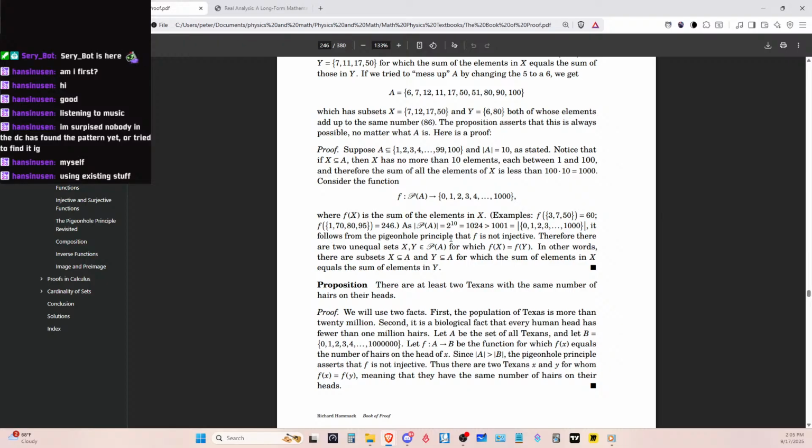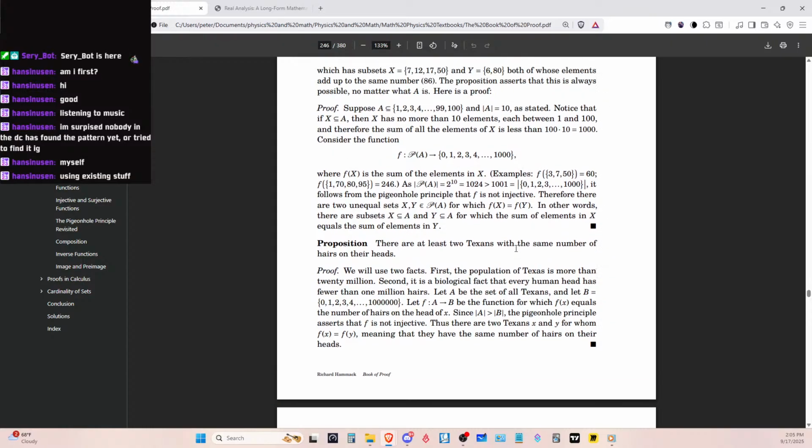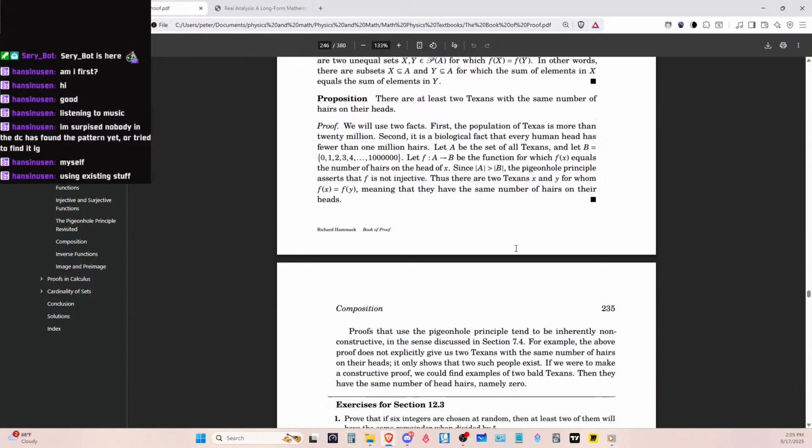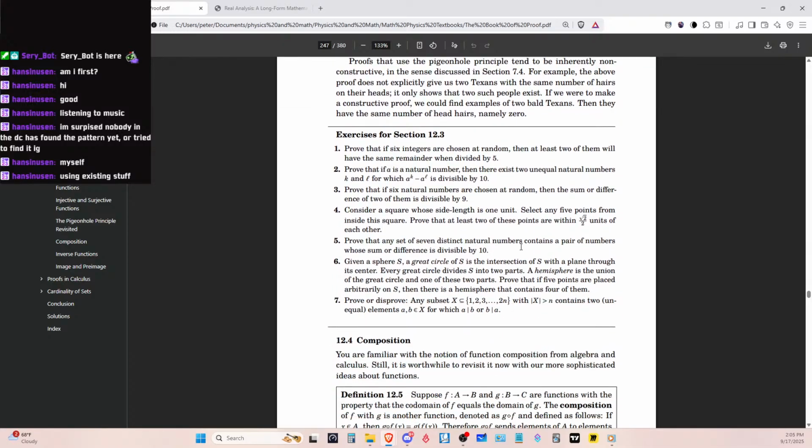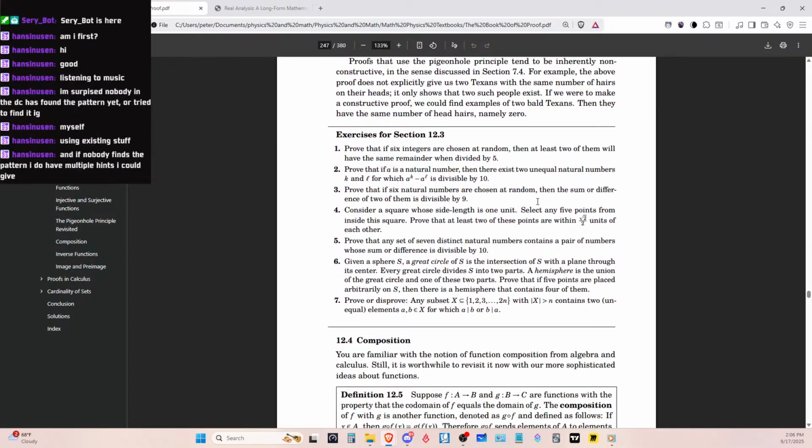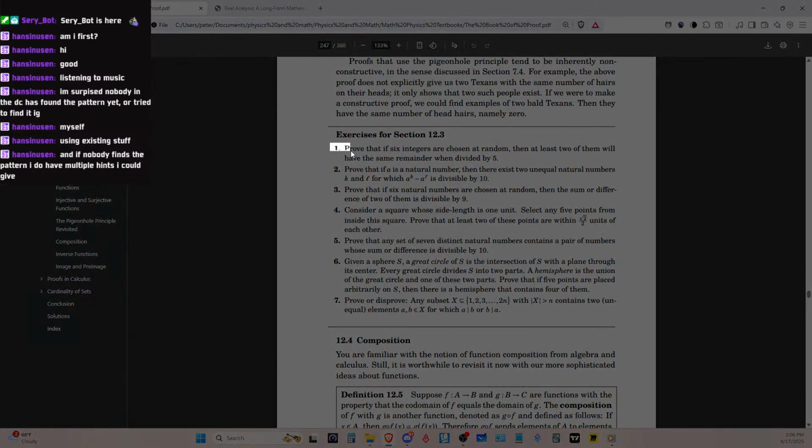It follows from the pigeonhole principle that f is not injective, therefore... Okay. Sounds pretty self-explanatory, and this section is quite short, so maybe we can give it a try. See how we can implement our skills.